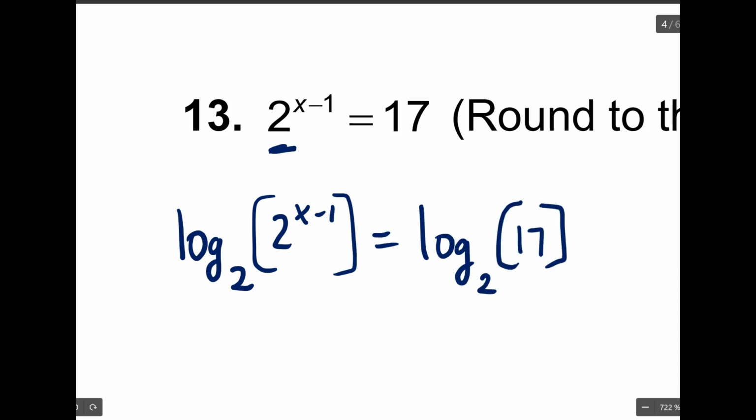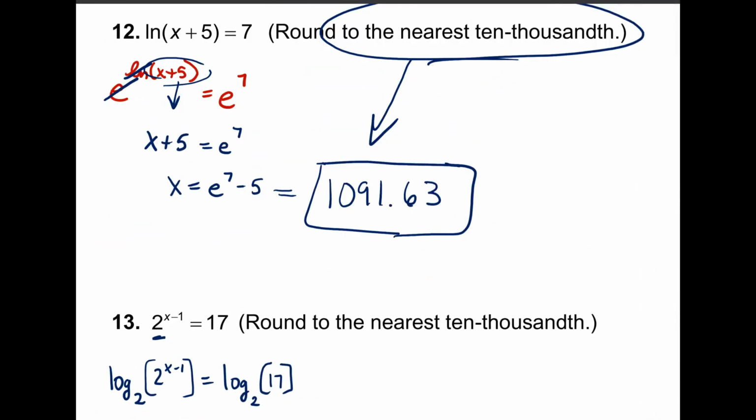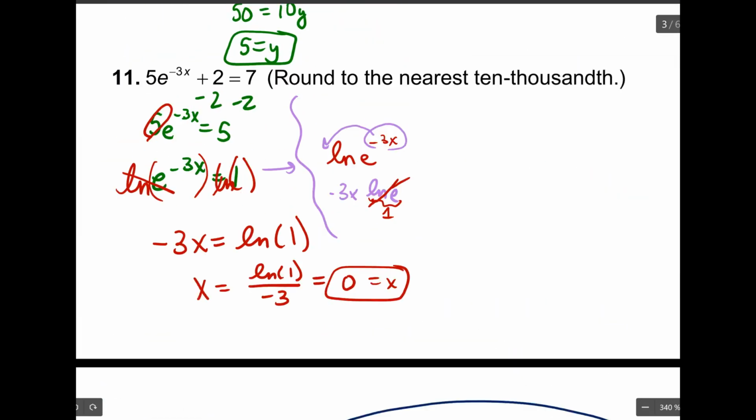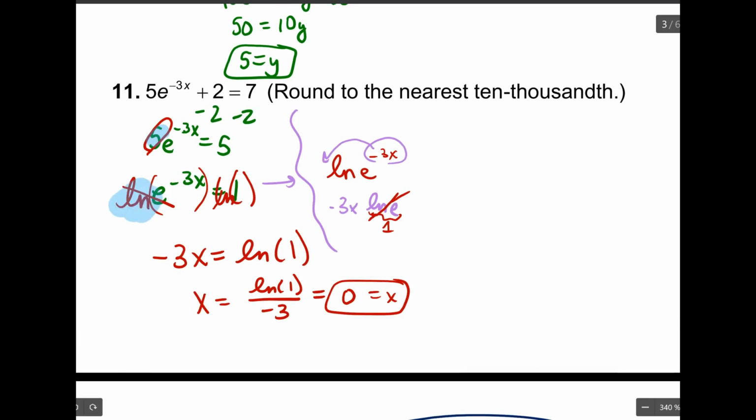So earlier we chose ln, the natural log, because natural log is log base e. Because I had a base that was e. ln is literally log base e.